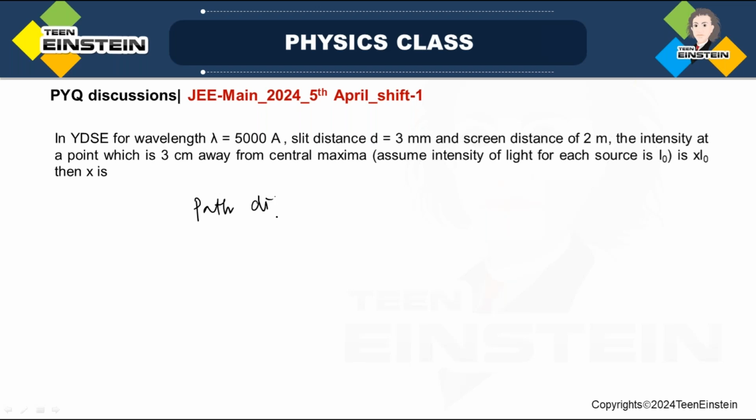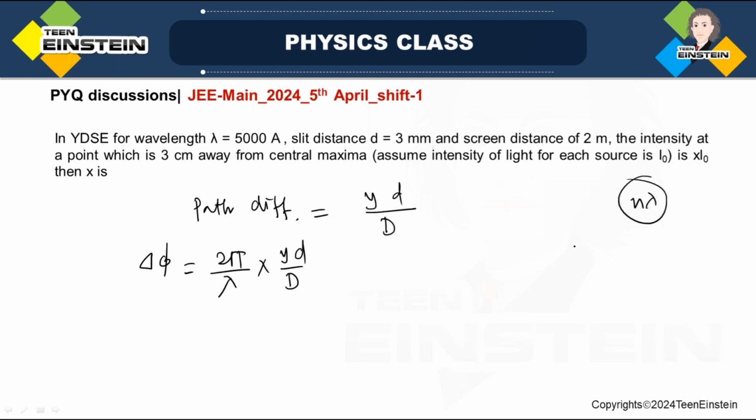The path difference is given by y d, that is xn d by capital D. This is the correct expression for the path difference. So we'll get the phase difference from here: 2 pi by lambda into y d by capital D. I was actually doing n lambda, so I was mixing up with this.